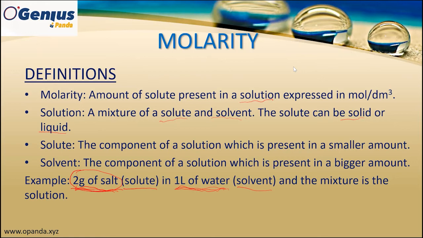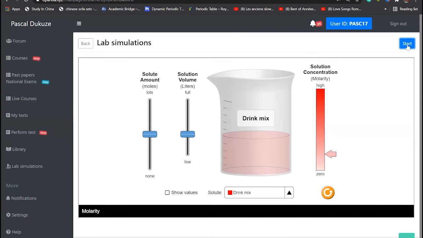Now let's go to the simulation to explain how we can prepare solutions of various molarities using the lab simulation. The simulation we use is this one. You can see here we have a beaker which contains some liquid.